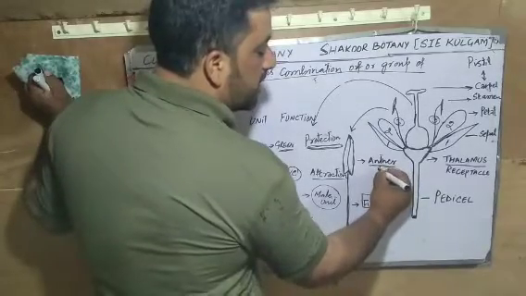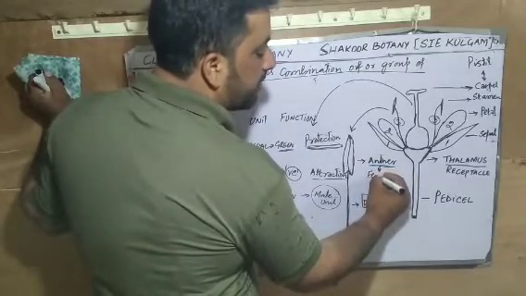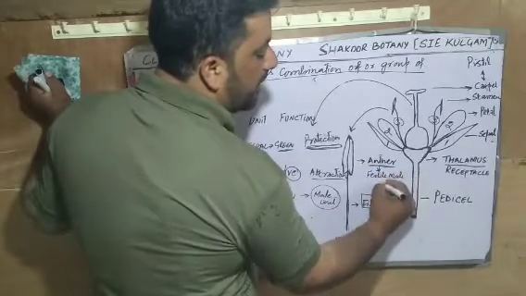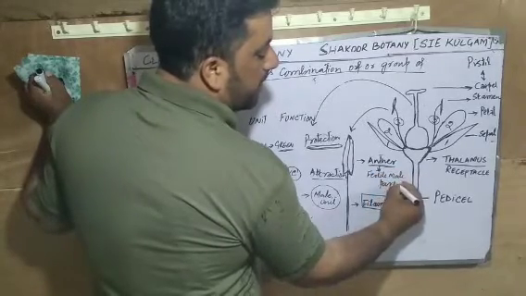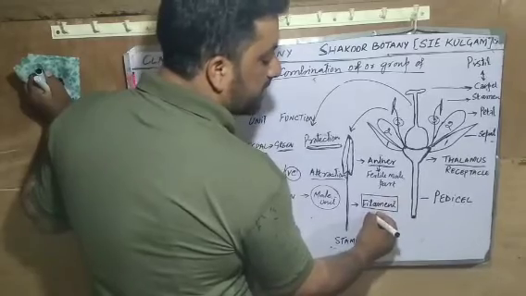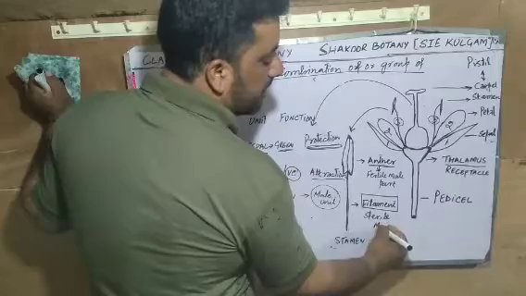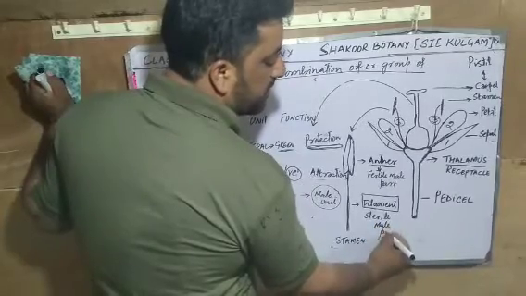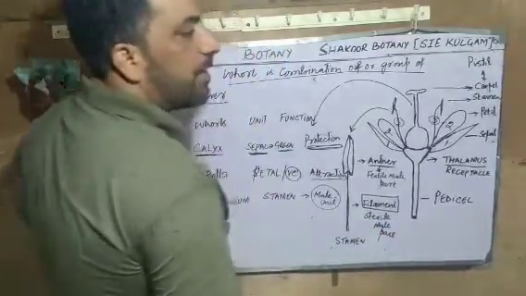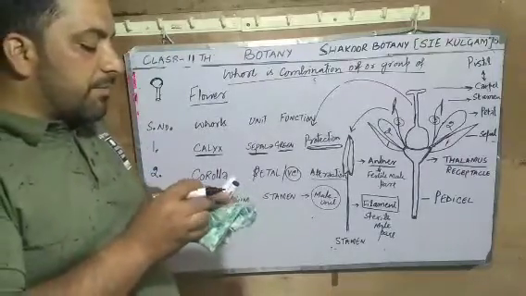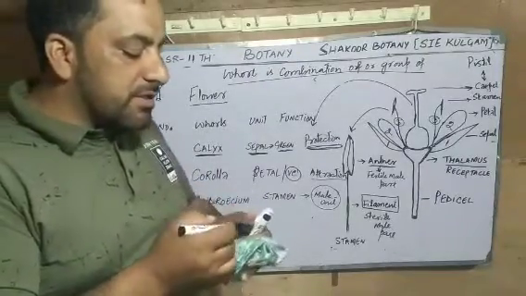एंथर जो है ये फर्टाइल पार्ट है. This is the fertile male part, while filament is the sterile male part of stamen. Sterile male part of the stamen means that filament का कोई रोल नहीं है in the process of sexual reproduction.